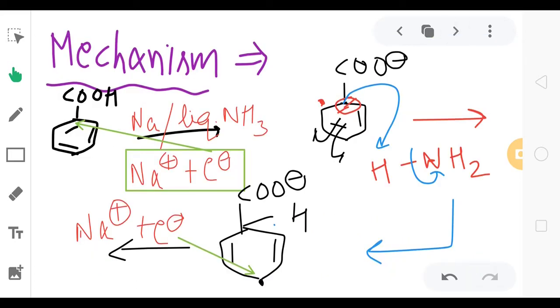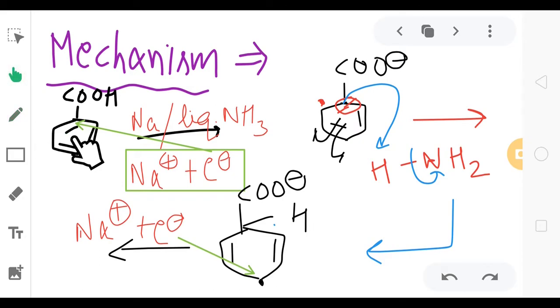So this is the mechanism. So you see, this is for the electron withdrawing group. Here we have electron withdrawing group. So what happened? Homolytic fission would occur. Homolytic fission of this double bond would occur.